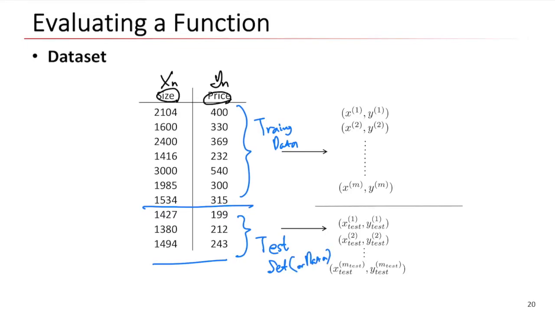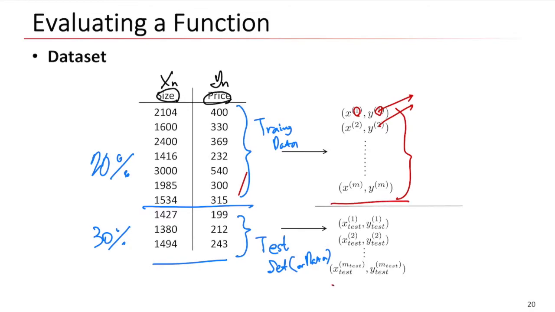Let's say we pick 70% of the samples as the training set and 30% of the samples as the testing set. Then let's say this data looks like this. This notation means the first sample, and this is the second sample, something like that. Anyway, this is the training set, and the testing set looks like this.